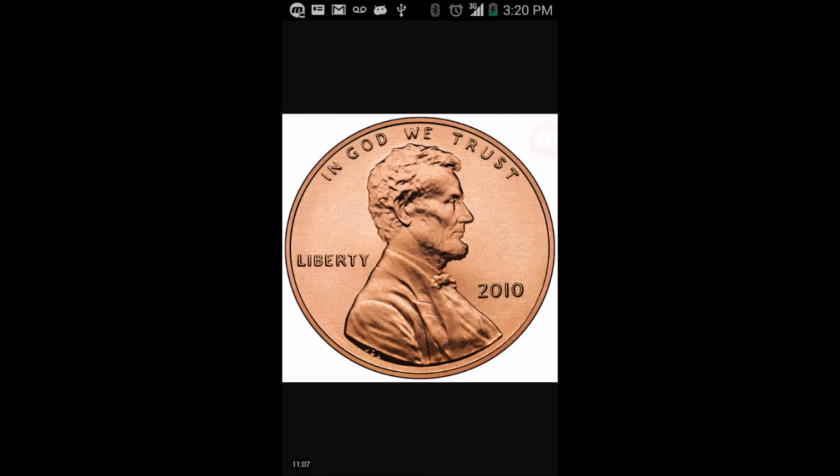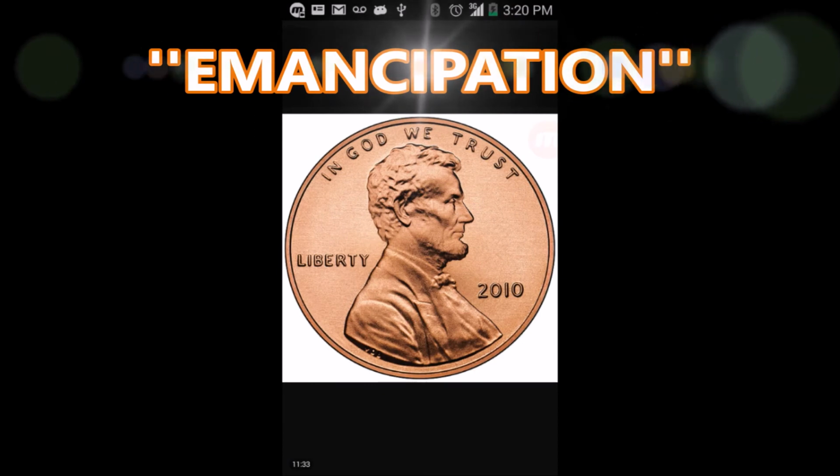But the slave master that owned the slaves transferred the property. Now, who was the property? You so-called Negroes, who are the real Jews. They transferred you from slave owners on the plantation to the United States government under the 14th Amendment. And that's emancipation. That's not freedom.